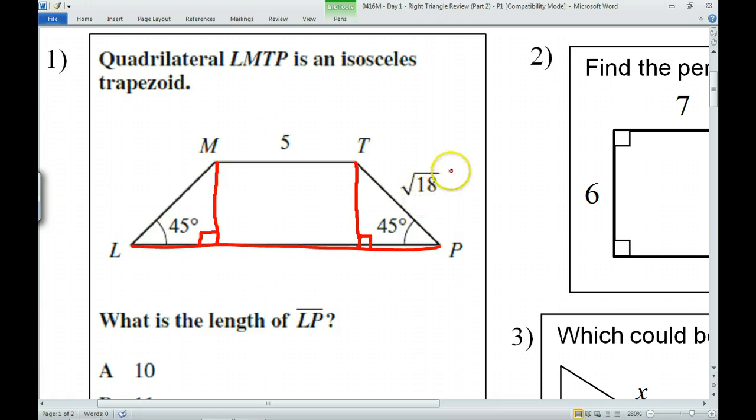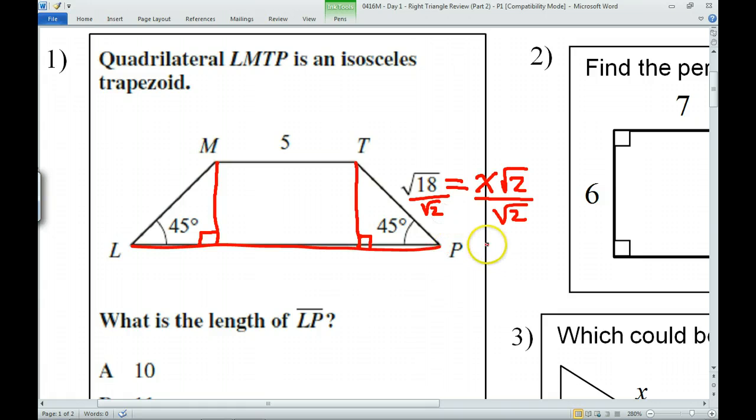There's a couple things we can do. This is the hypotenuse. If you look at the chart at the front of the classroom, what is supposed to be on the hypotenuse of a 45-45 triangle? Well, the hypotenuse says x radical 2. So, if I want to find out what the legs are, I could just divide by radical 2.